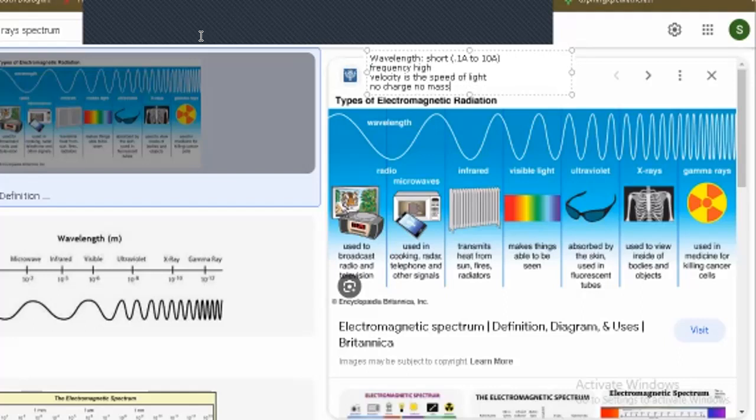The penetration power is very high due to no charge, which means it will not cause any friction in the atom or in the radiation, which directly makes it very penetrative. Kinetic energy is directly proportional to attraction. We know this. As the attraction is more, the kinetic energy will be more.